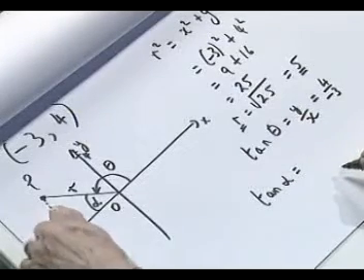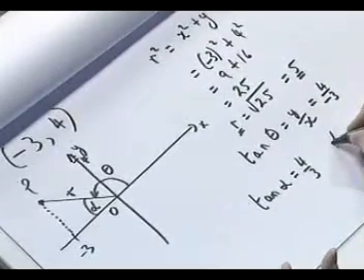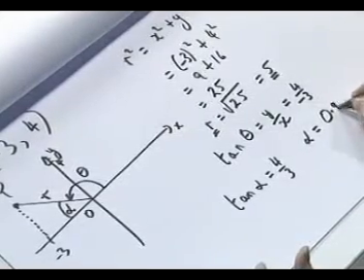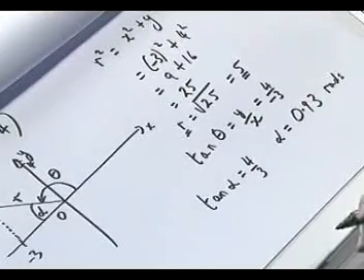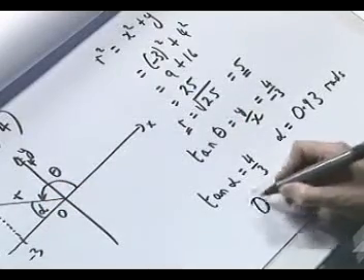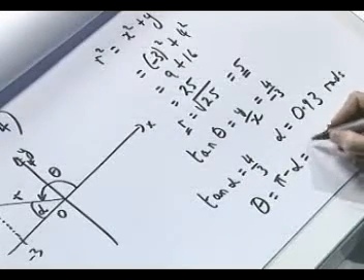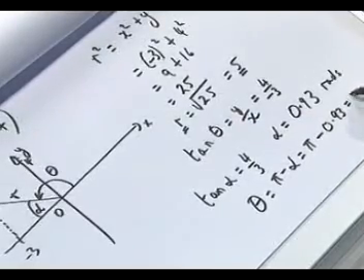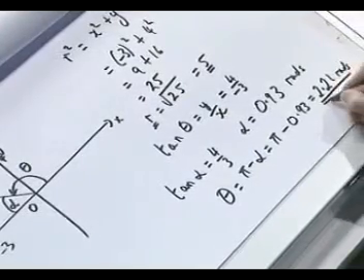Tan alpha is 4 over 3, and when you put that into your calculator, it will tell you that alpha is 0.93 radians. Remember, theta has to be in radians. And that therefore theta here is equal to pi minus alpha, and so that's pi minus 0.93, which gives us 2.21 radians.